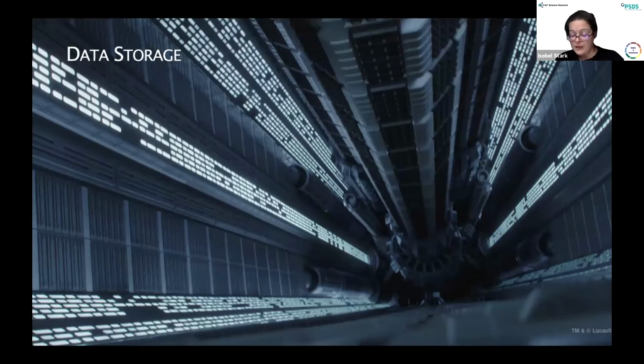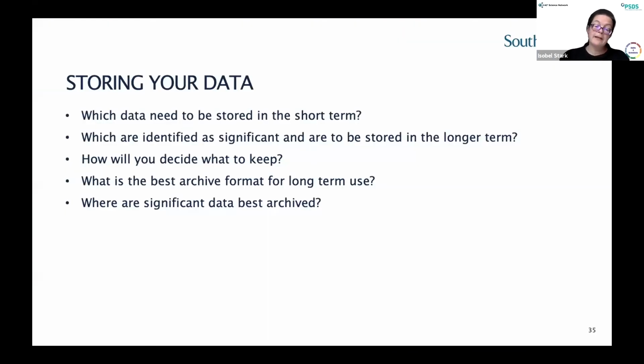So storing your data, you need to think about what you need to store in the short term, what might need longer significant term. So what are kind of working disposable files? What are the things that need to be kept longer? Think about, you know, I might be using this in this marvelous whizzy piece of software now, but not everybody will necessarily have that whizzy piece of software.